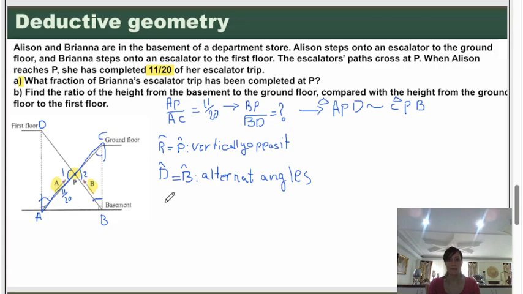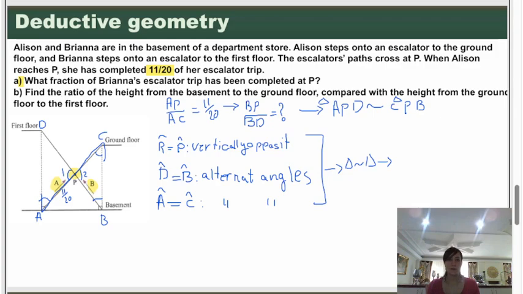So A and C are equal, same reason, they are alternate angles. So I say these two triangles are similar. Okay, I proved it. When two triangles are similar, the corresponding sides are in the same ratio.